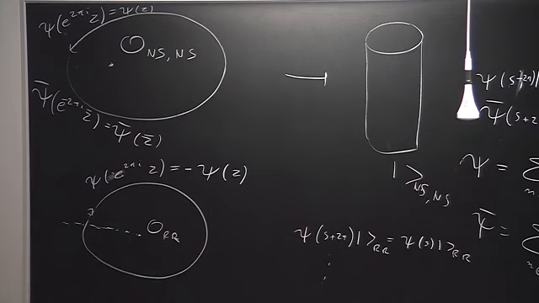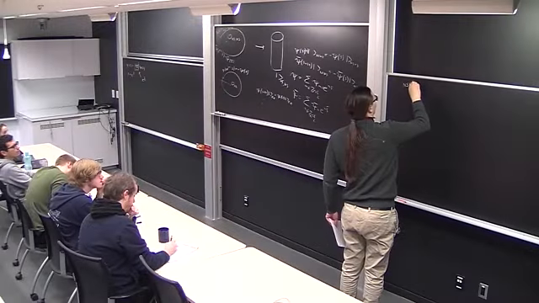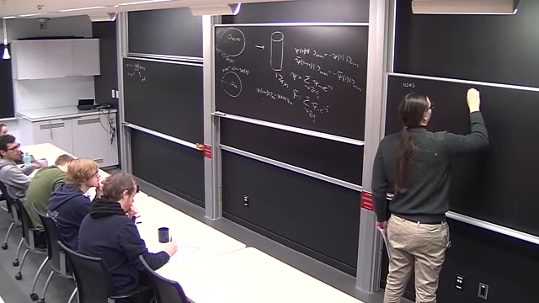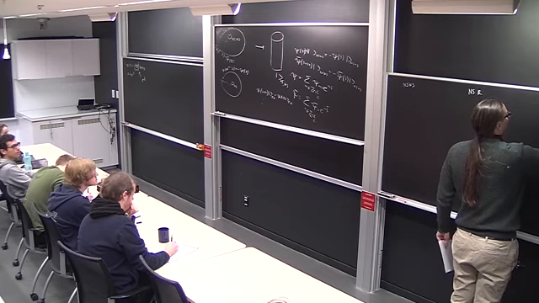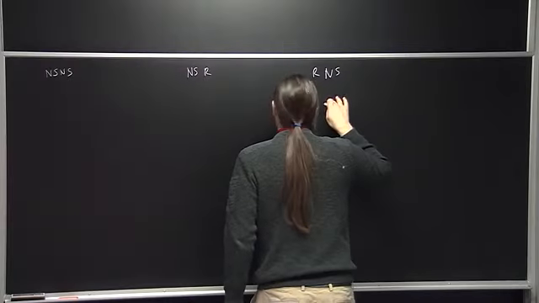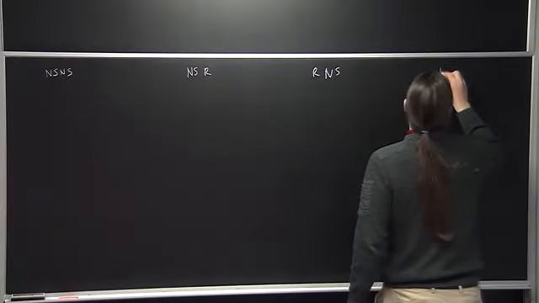So the theory has four collections of operators, of states. The Hilbert space of the theory splits into 4 sectors.